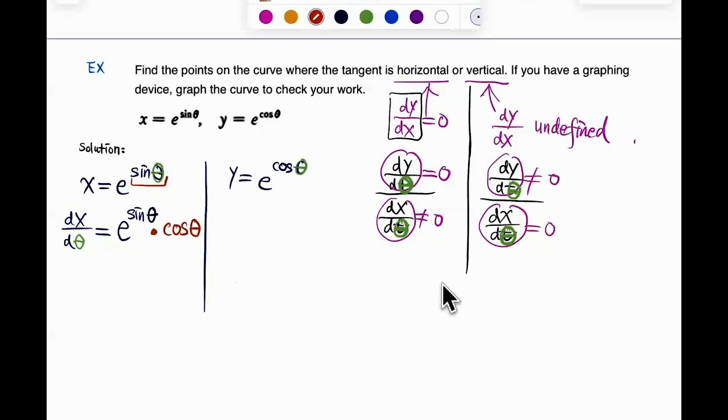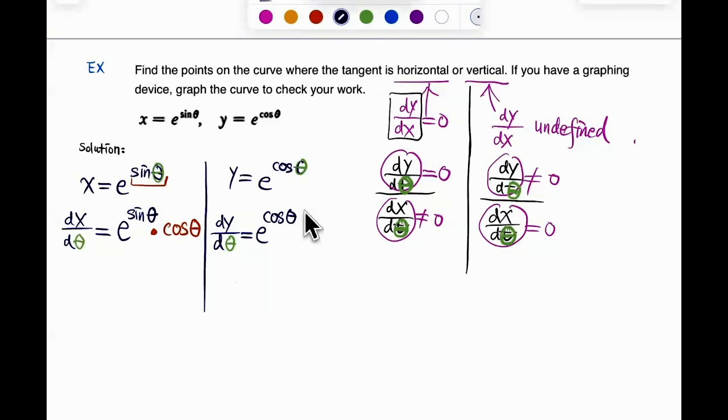Okay, let's do the dy d theta. I keep on saying t. The variable here is theta. So what's dy d theta? e to the cosine theta, because exponential function with base e will be that function itself.